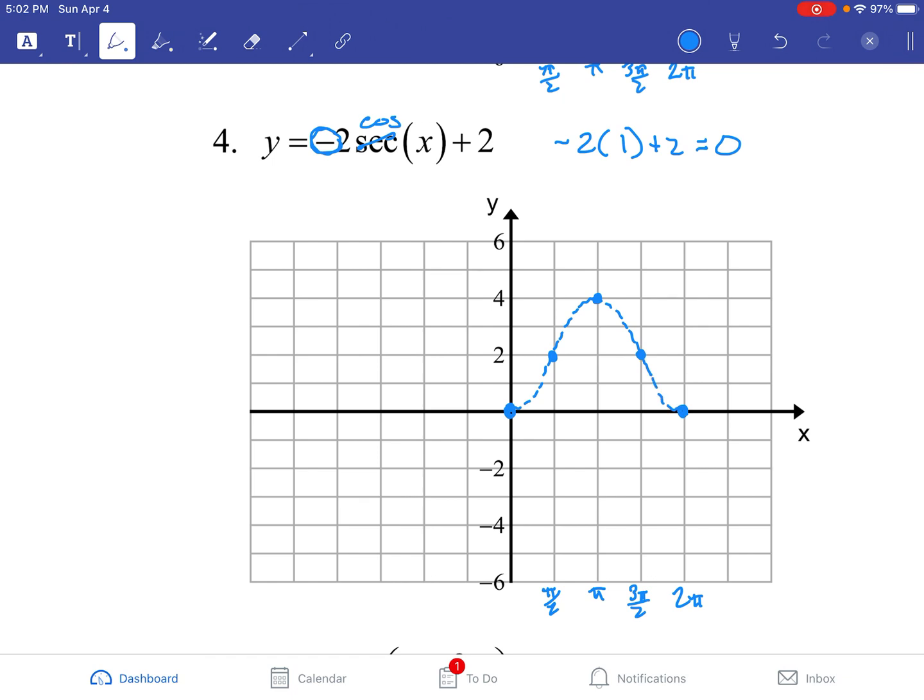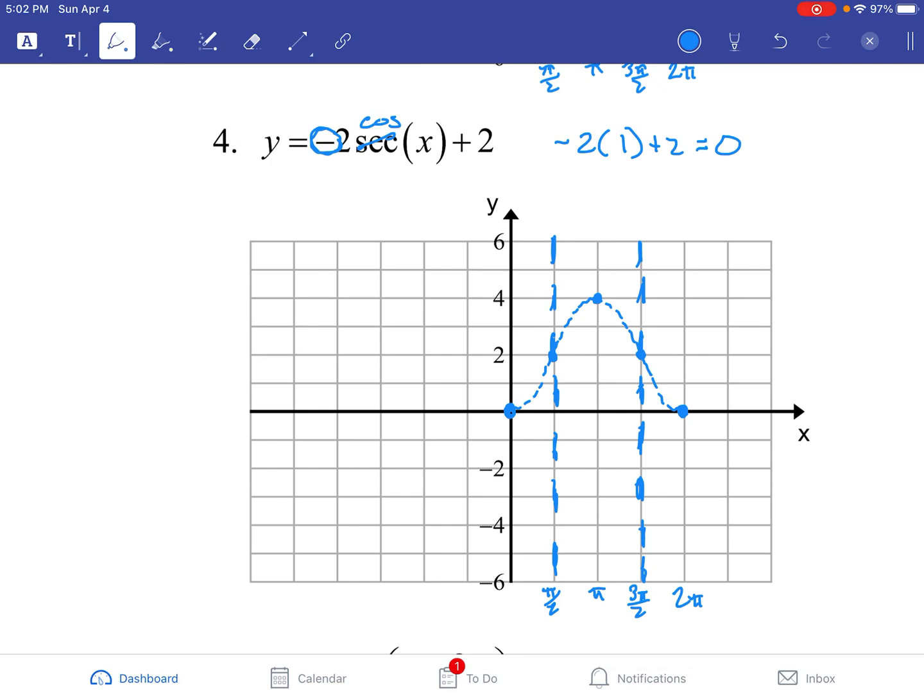Now, through the middle median parts of our graph, which are these 2 points, I'm going to put my asymptotes so I can start drawing my secant graph. A quick note about all this: when I'm grading these on your summatives or formatives, I'm looking for that you've actually put down the cosine graph and that you've put the asymptotes in the right spot and made the cosine graph dotted.